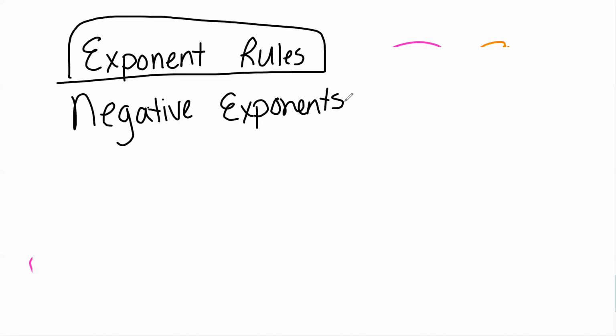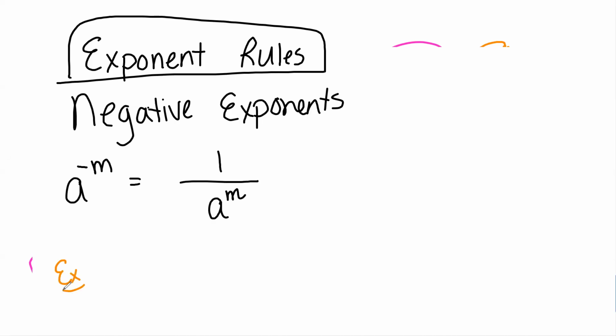So what we do is we send them to the bottom. So if you have a to the negative m, what you're going to do is make a fraction, and that's going to come to the bottom. And you put a 1 on top, just so that you have something there, right? Ones can be invisible. We're going to put it. Right? This one's the hardest, I know.